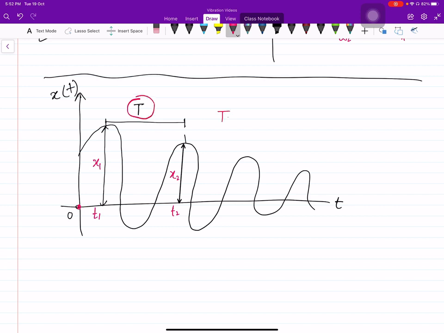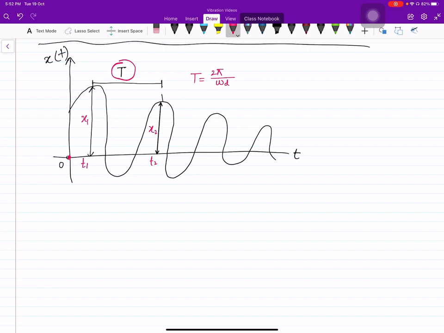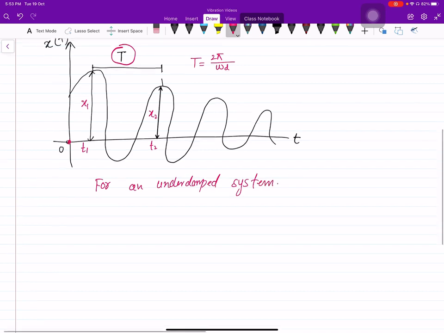We know that T is equal to 2π divided by the damped natural frequency. This is for an underdamped system, because if there is no damping, there is no decrement.